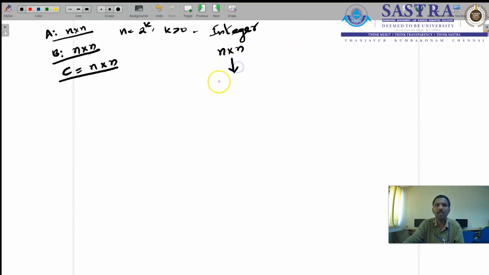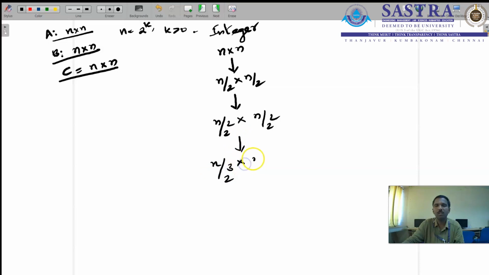Initial matrix is of order n by n. This is subdivided by 2, n by 2 by n by 2, in the first recursion. Then in the next stage, this n by 2 by n by 2 is subdivided by 2, so that we will get n by 2 power 2 into n by 2 power 2. Then this is subdivided by 2 in the next recursive call as n by 2 power 3 into n by 2 power 3.